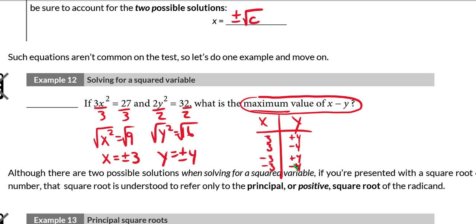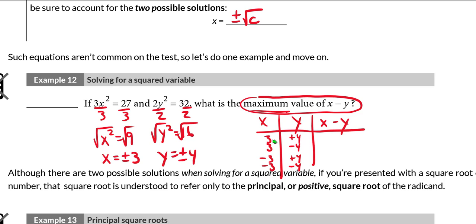In other words, what I'm doing is positive 3 and positive 4, positive 3 and negative 4. That's these first two. Negative 3 and positive 4, negative 3 and negative 4. In other words, I'm just fleshing out all of the different possibilities here. Again, if you were able to see right away how to produce the maximum value, that's perfectly fine. I think it is important to be familiar with processes like these so that you can fully flesh everything out.